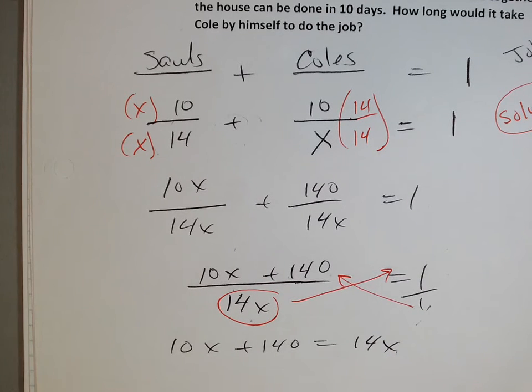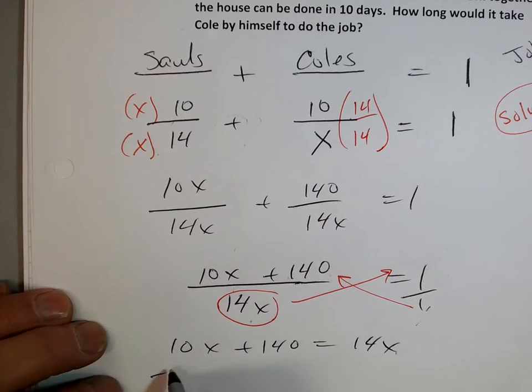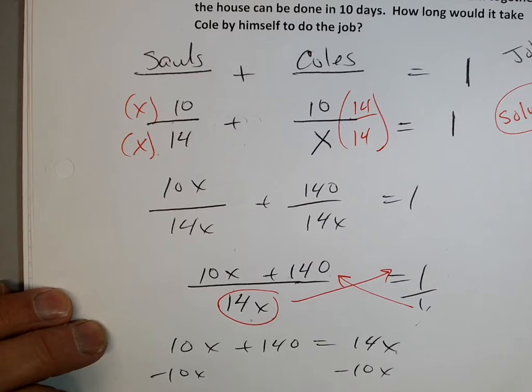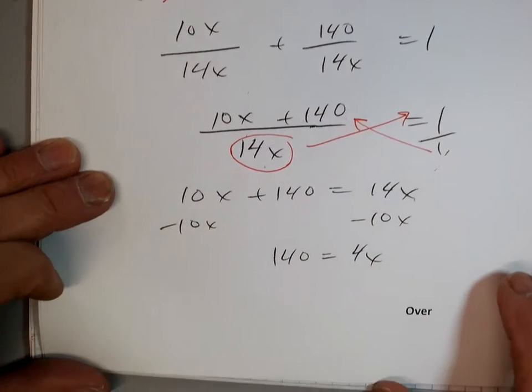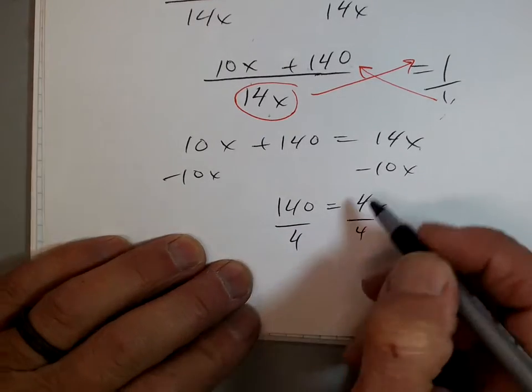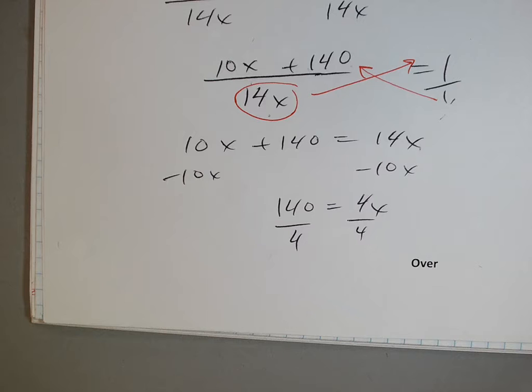Now solving is pretty easy, isn't it? So minus 10x, minus 10x. I've got 140 equals 4x, right? Divide by 4, and let's see how slow Cole is. I need a calculator. Did you get the answer yet?